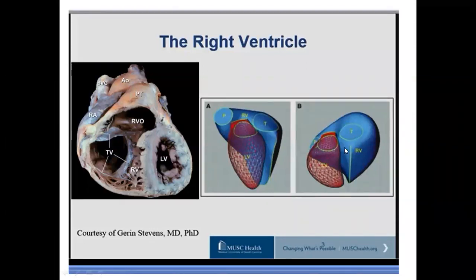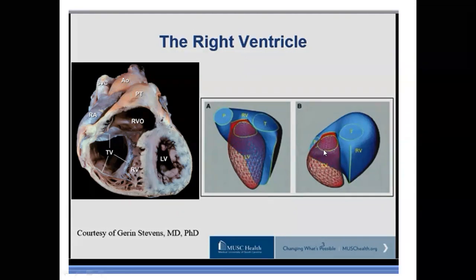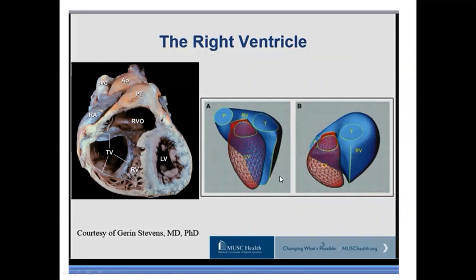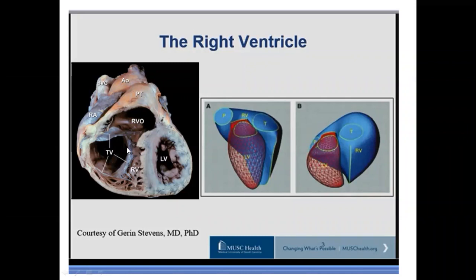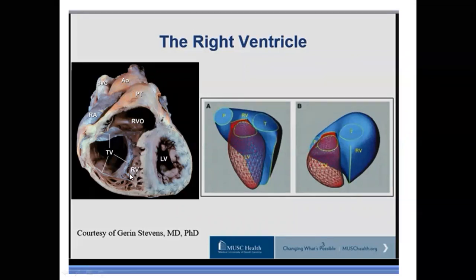When it dilates, it goes away from the left ventricle on the free wall side, but the septal side compresses the left ventricle, which we will see in the pathophysiology, the significance of this. Okay, and on section, the RV has 3 important parts: the inlet part, which is the tricuspid area.